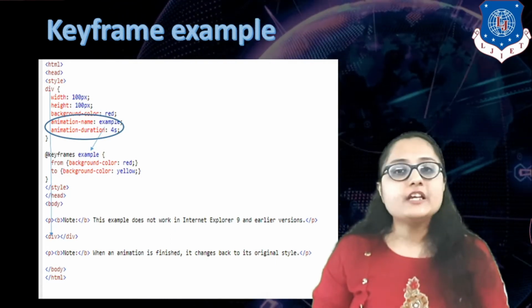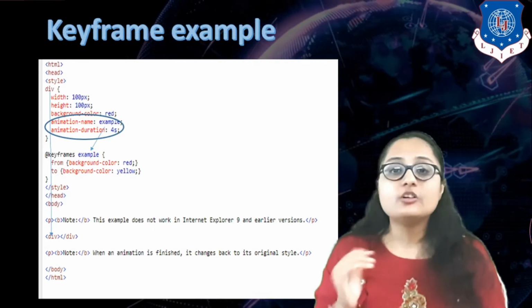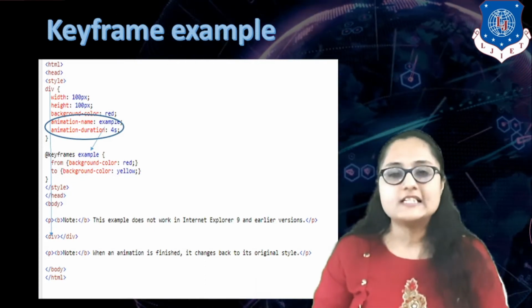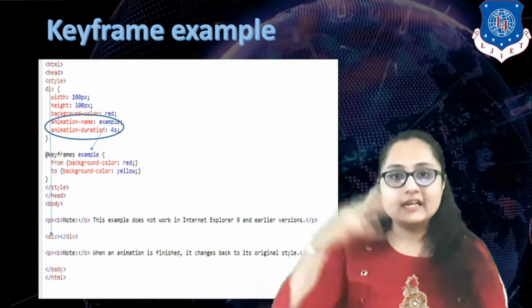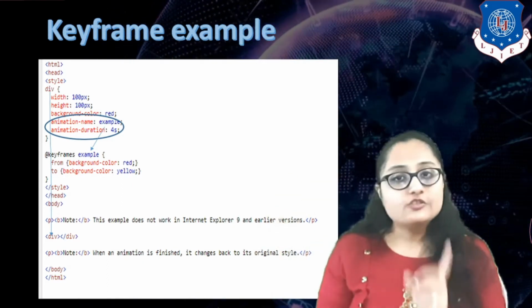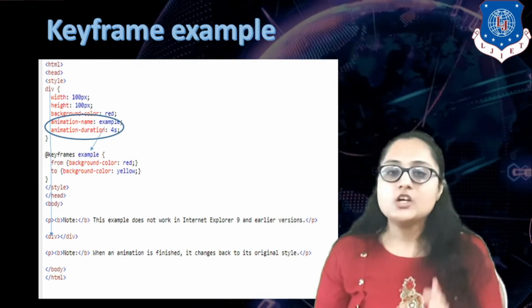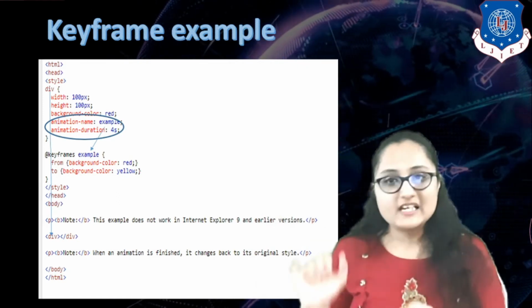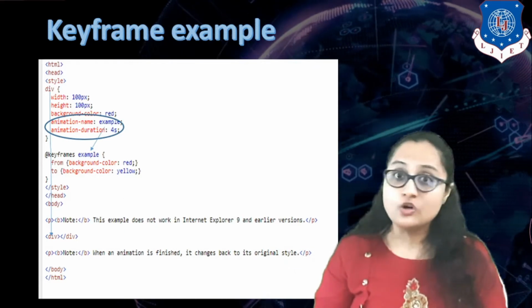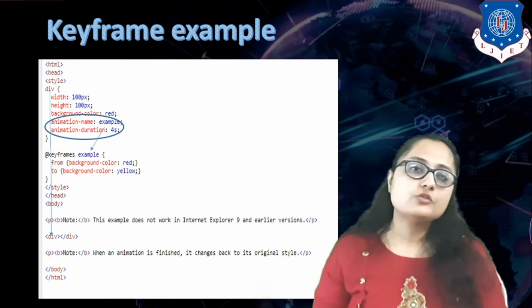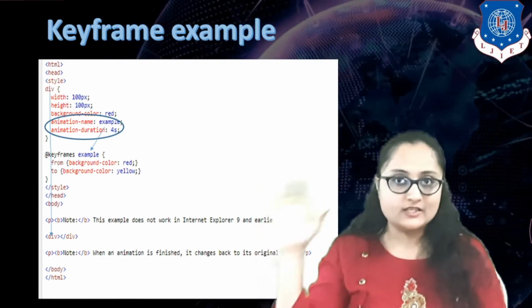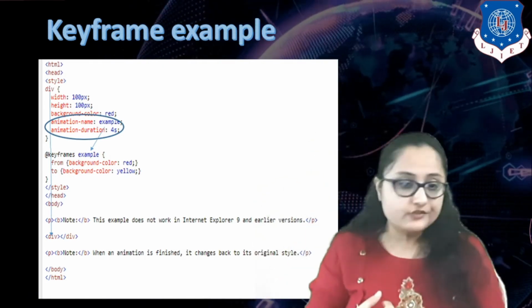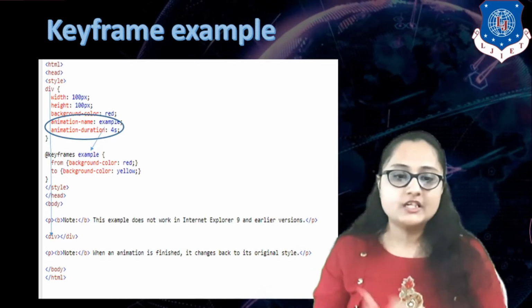Keyframe is an animation rule, that is, what sort of style change you want, and that rule you have to bind with some animation name. So whenever you are writing the keyframe, you have to write @keyframes space, whatever animation name you want. Here, to apply the rule to my example animation, which I have given to my division, I have to write the animation name example.